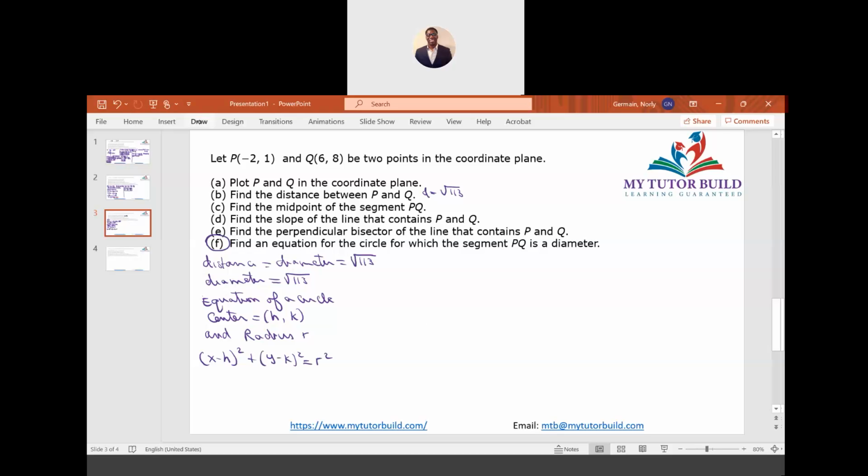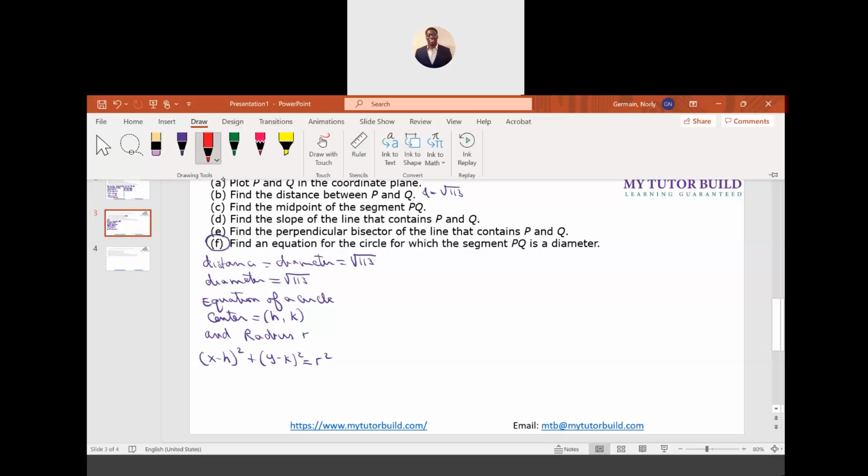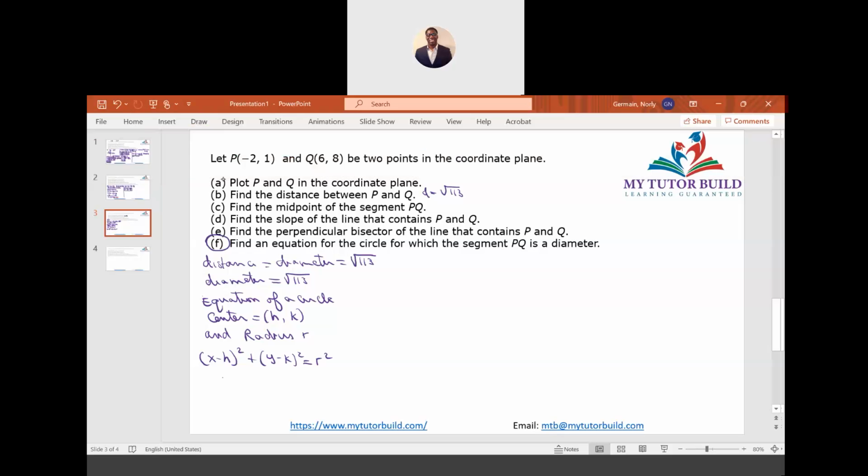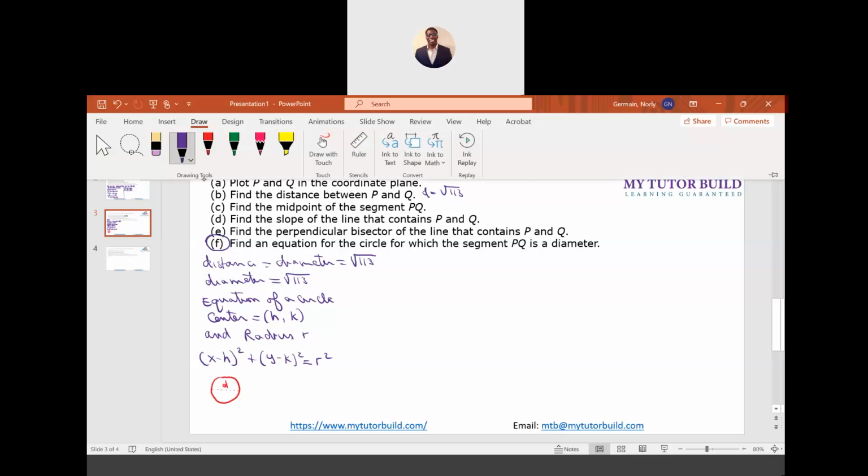We can find the radius very easily because the diameter is 2 times the radius. When you have a circle, the whole distance across is the diameter, but the radius is half of it.